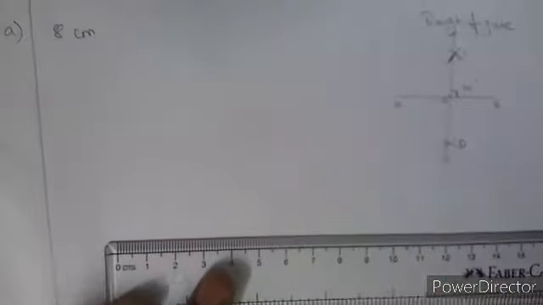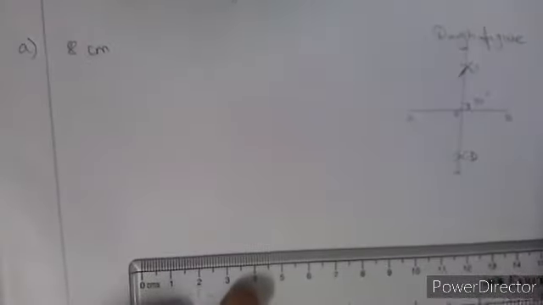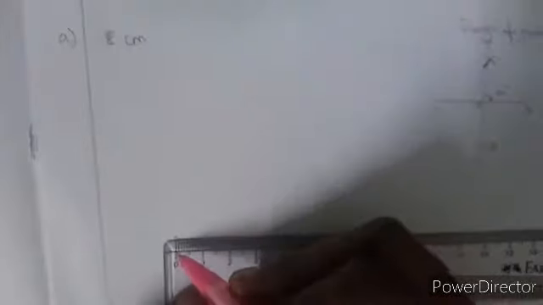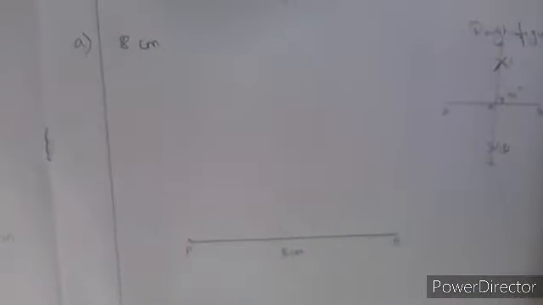You have to draw a line segment given in the first question subdivision as 8 centimeter. So step 1, draw a line segment 8 centimeter. You have to start from 0 to 8 and name it as A, B, 8 centimeter, by using a ruler.